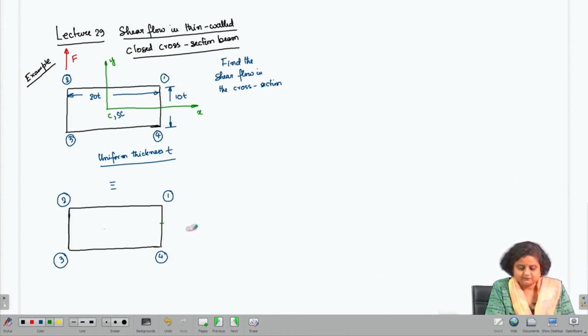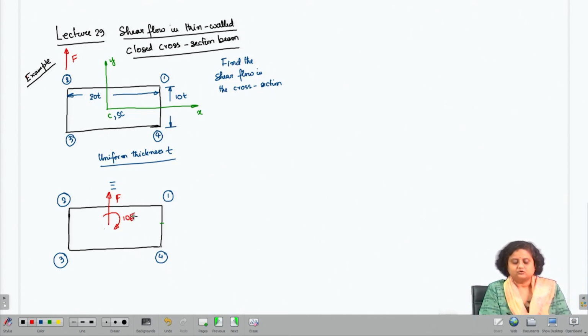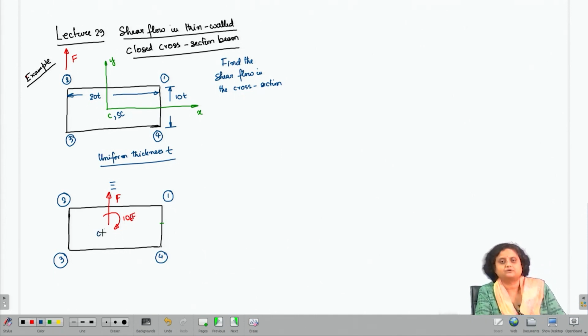We can convert this force to an equivalent force system, which is the force F through the shear center or the centroid, and a moment which is given as 10T F. So, this is the equivalent force system. This is the centroid or the shear center of the cross section.